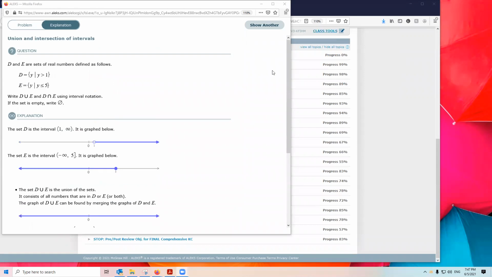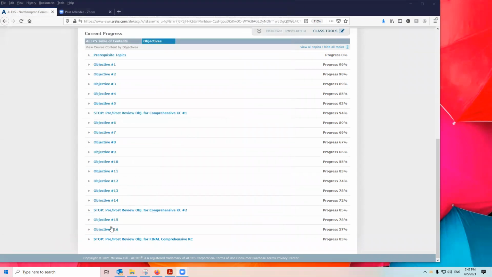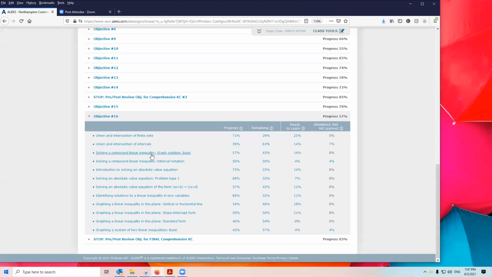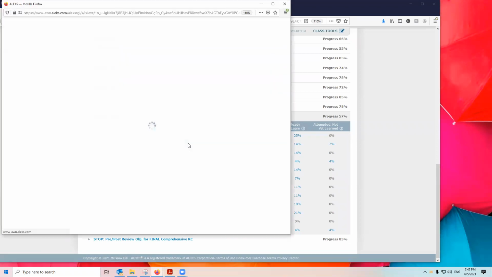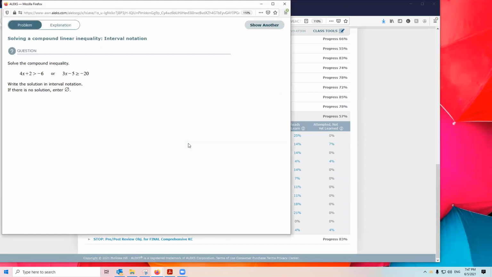All right, let's do another example. How about if we take a look at this kind of question? All right, now I'm noticing that they're using the word or in between these two inequalities.